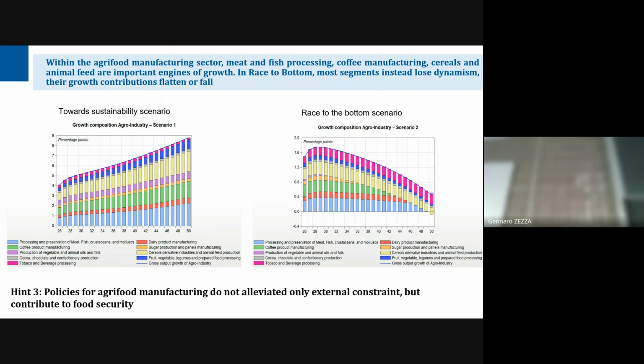But interesting is that together with the manufacturing of coffee, we have also a significant growth in processing of meat, fish, crustaceans, and molluscs, and also the production of cereal derivatives and animal feed production, which are two sectors that are strongly linked.